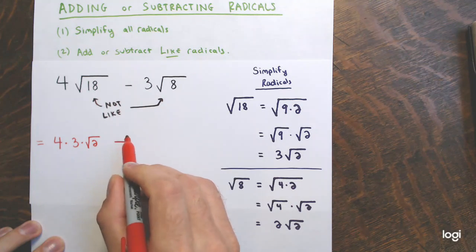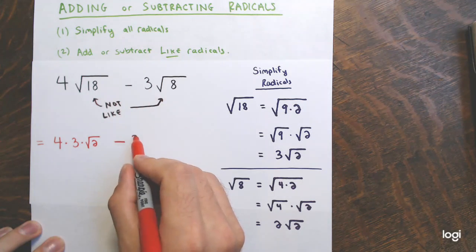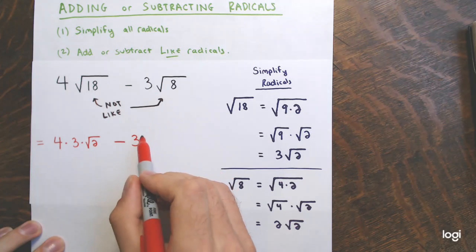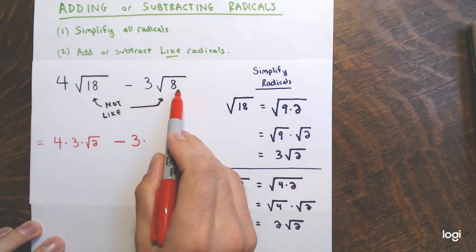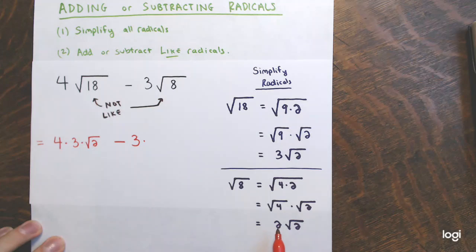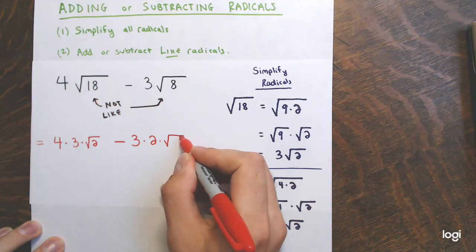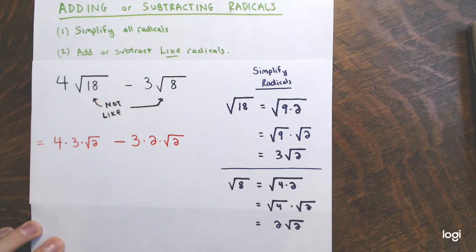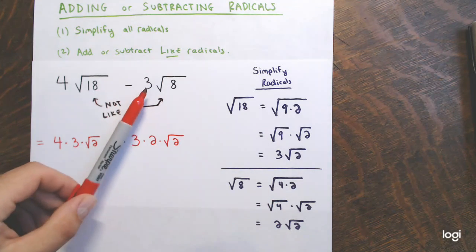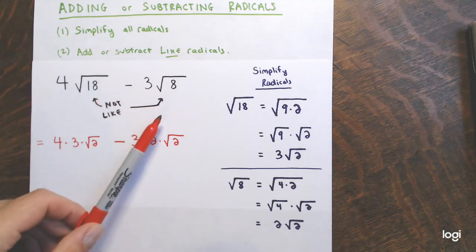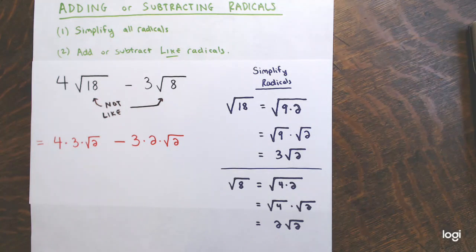All right, then the next term is minus 3 times, and the square root of 8 we said is 2 times the square root of 2. Again, I'm using the little dots for the multiplication. So again, the minus 3, and then the square root of 8 replaced with 2 times the square root of 2.